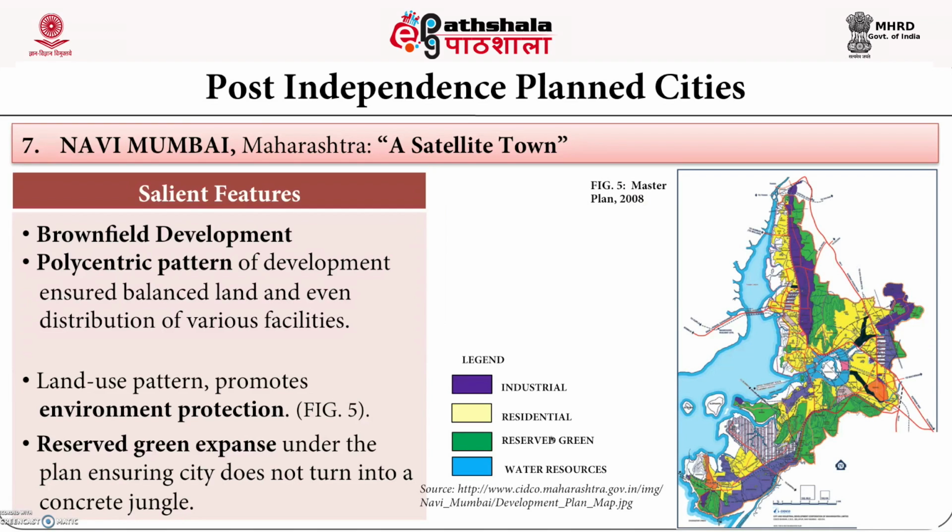As we go ahead towards the Navi Mumbai plan, we see that there are industries planned, residential areas, and reserved green areas. This was the concept of the Navi Mumbai plan. Who designed or came forth with this plan, we will come to a little later.